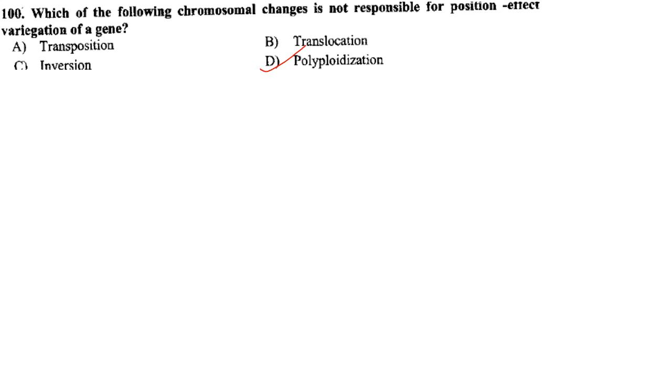So all these three, transposition, translocation and inversion, are involved in position effect variegation of a gene, except for polyploidization. Answer is option D. So that's it.